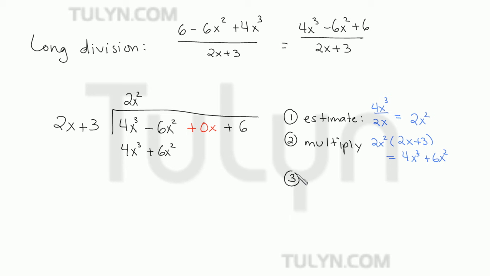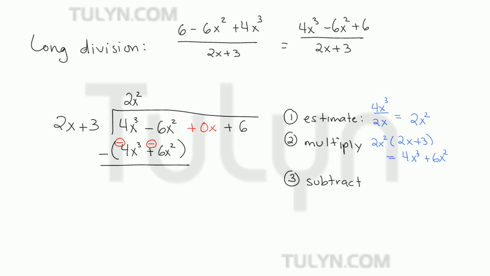Okay, and then the third step is to subtract. So we want to subtract this 4x cubed plus 6x squared from 4x cubed minus 6x squared. So we want to put a big minus sign on the bottom line. And what happens when you distribute that minus is that 4x cubed is going to become minus, and the 6x squared is going to become minus.